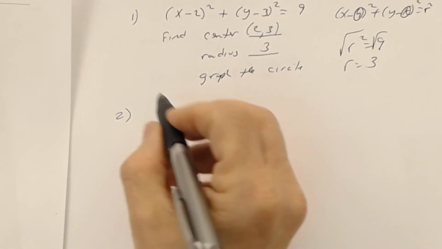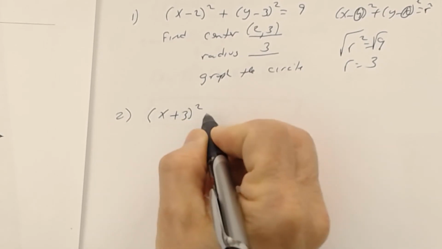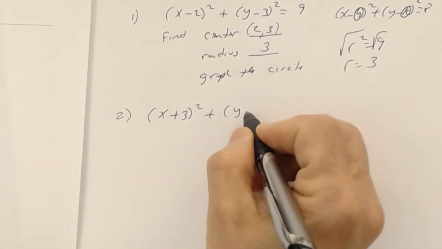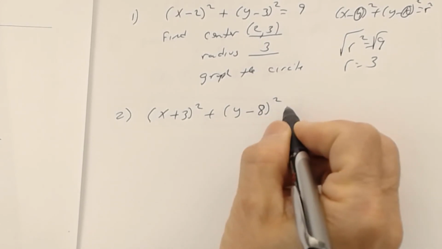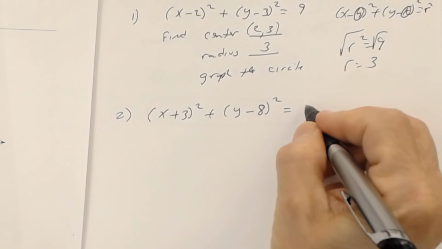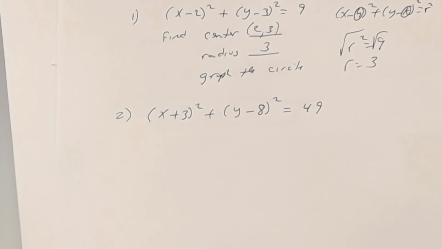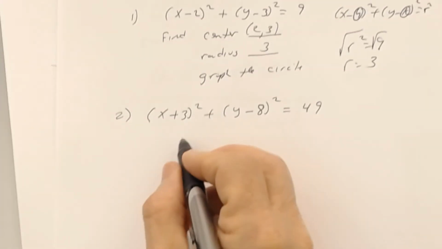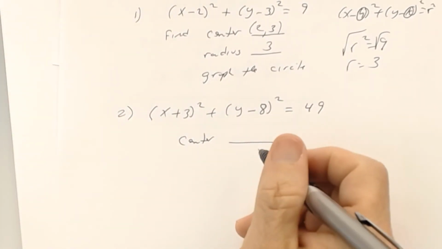All right, number 2. Suppose that this time my equation is x plus 3 squared plus y minus 8 squared equals, let's say, 49. We're going to use a large graph for that one. You have to find the center first. What do you think the center is? Negative 3, 8.